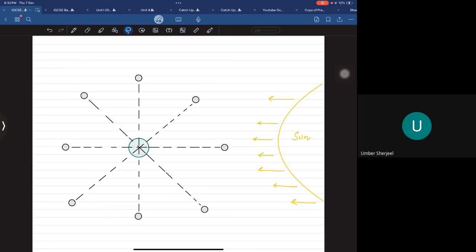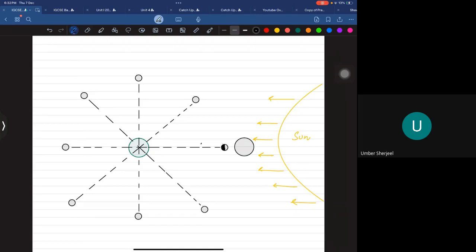So when the new moon is formed, like this is a new moon, one side of the moon is completely dark because it is lit by the sun on the other side, and that's why we do not see the new moon on Earth.